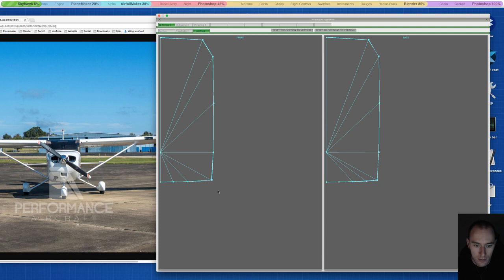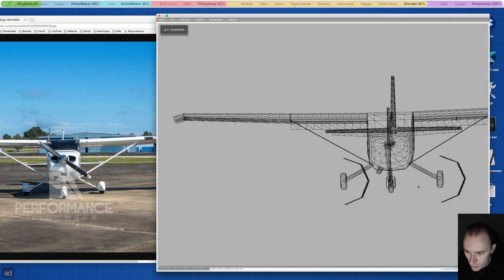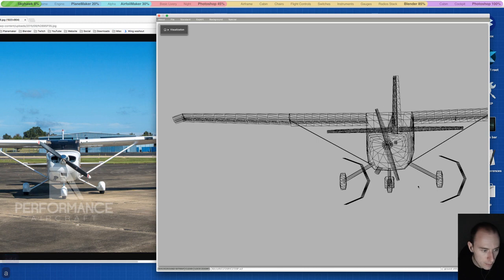Yeah. Going down. This is not bad. That's actually quite good.